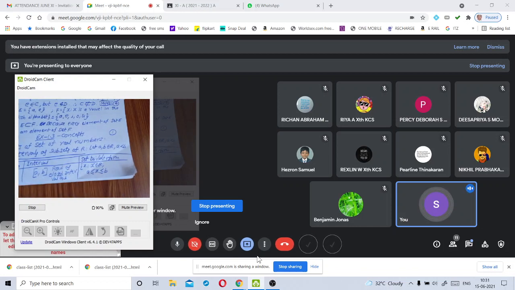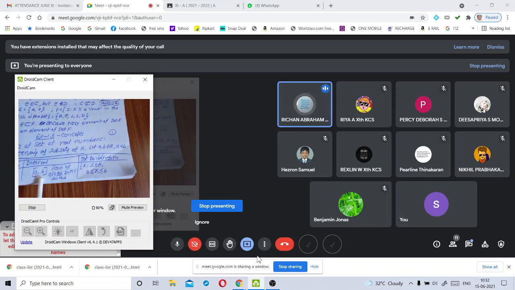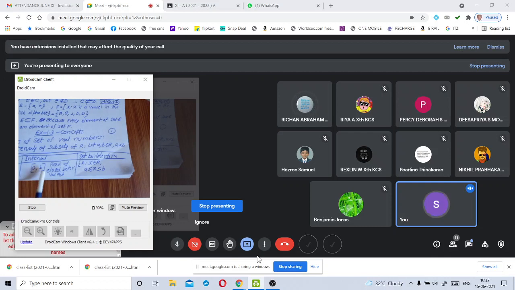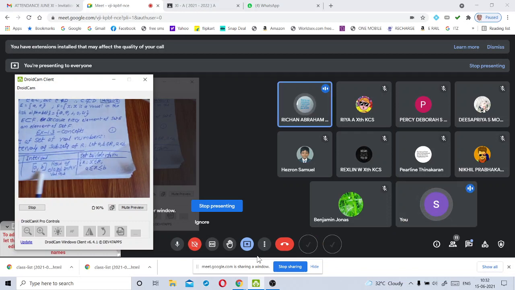All of you read one by one. Richard, now read these two parts. Closed interval A comma B. No need to write set again. You have already read this notation; I just wrote 'read as closed interval A comma B' here. If you read this notation, that is enough.